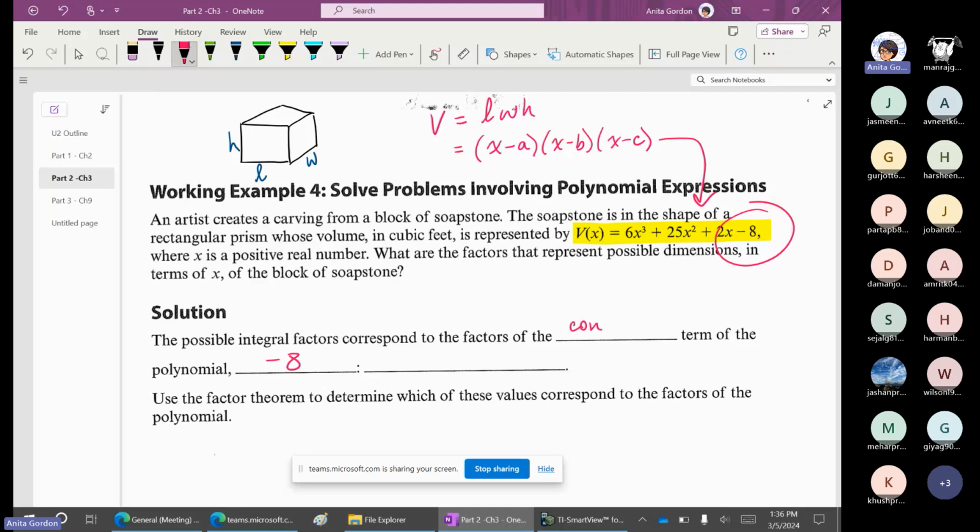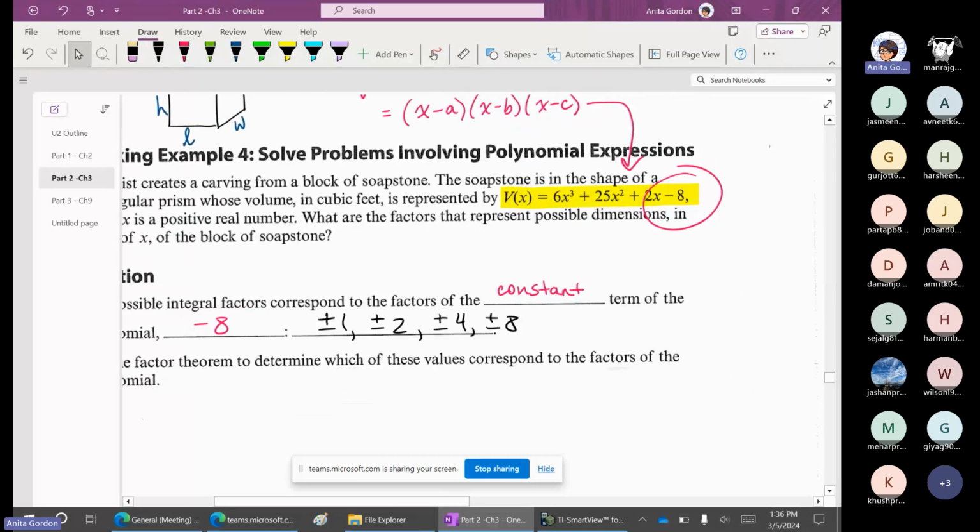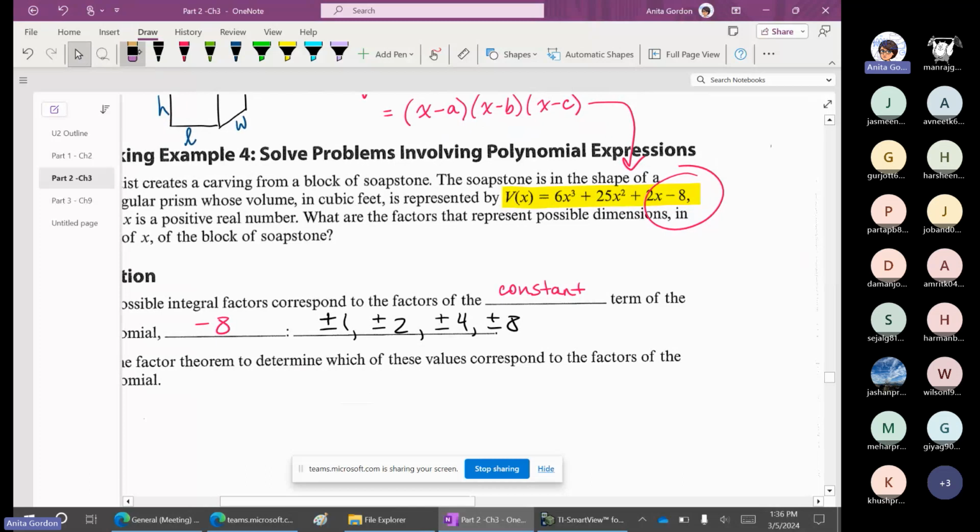Looking at this equation, my constant number is a negative 8. So my possible factors are, I'll start you off, plus minus 1, 4 and 2, and 8. Good. Let's also do this quickly in our heads.